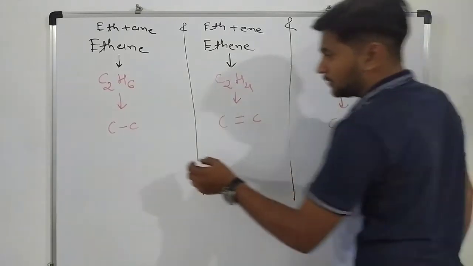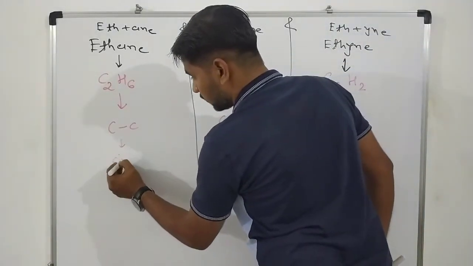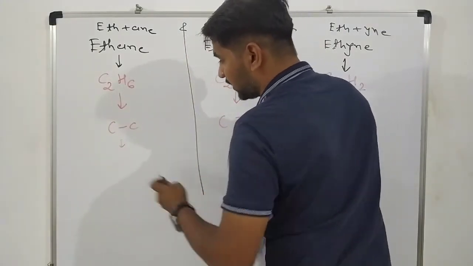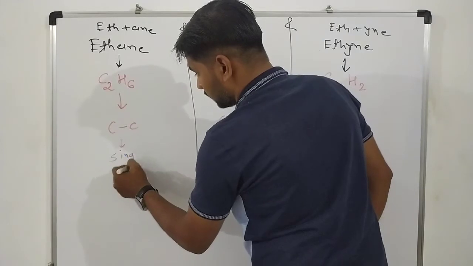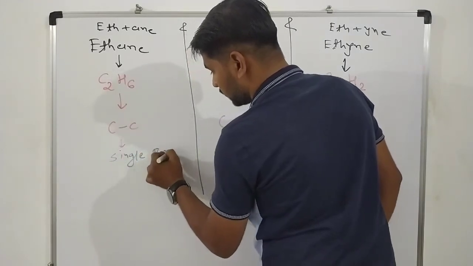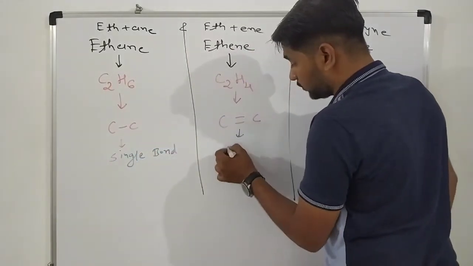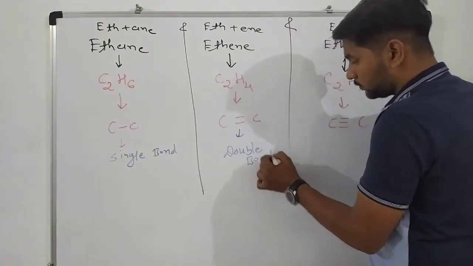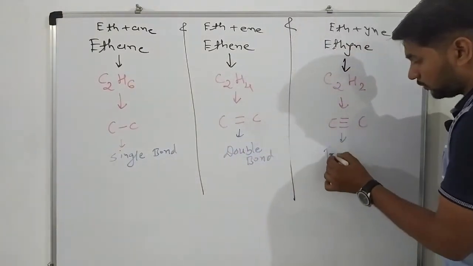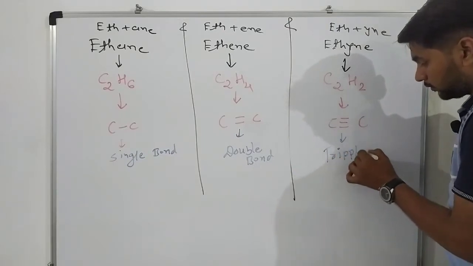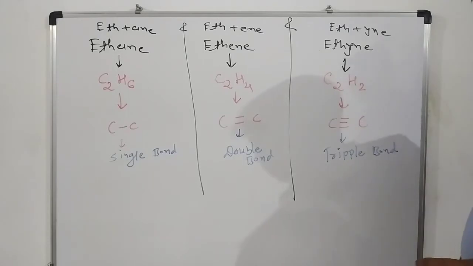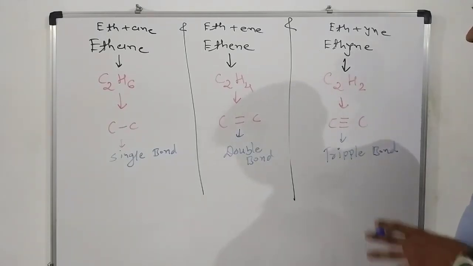Okay, we can also write like this. It is carbon carbon single bond, double bond, and here is the triple bond. Okay, clear?